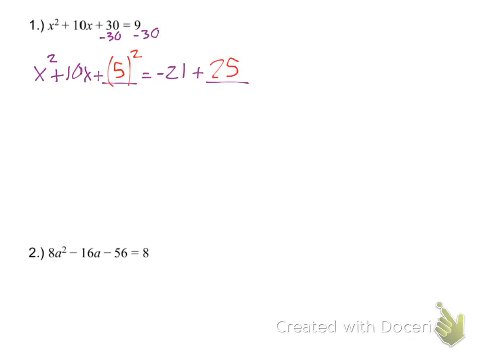Because now I move to step 4, and step 4 says factor the one side and simplify the other. When I go to factor this, I end up with what? X plus 5. You can't make it any more simple than that. And then you just got to put the other side together to get what? 4.